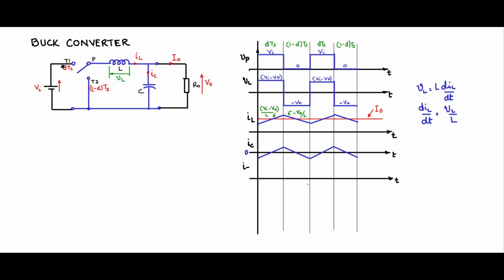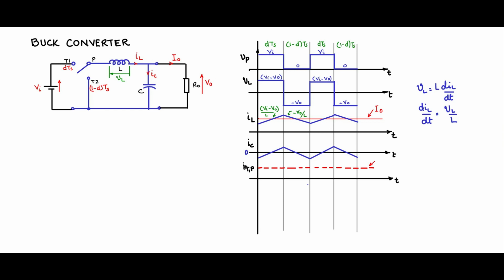Next, let us look at current through T1P. When pole is connected to T1, there will be a current flow. When the pole is not connected to T1, current flow is 0. So let us say T1P in this direction. Let me draw this I0 level, because it is the inductor current that has to flow either through T1 or through T2.